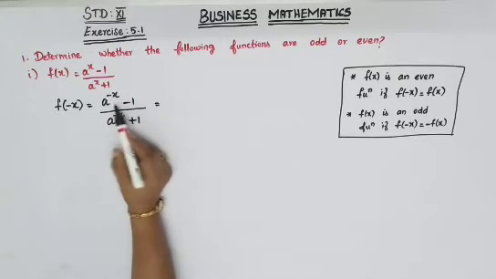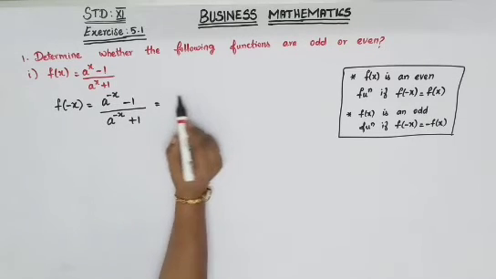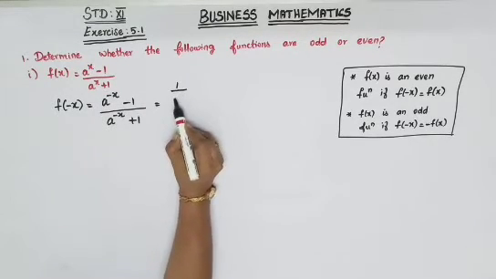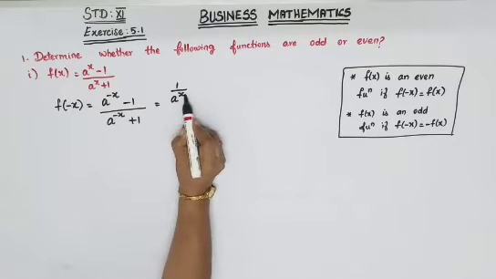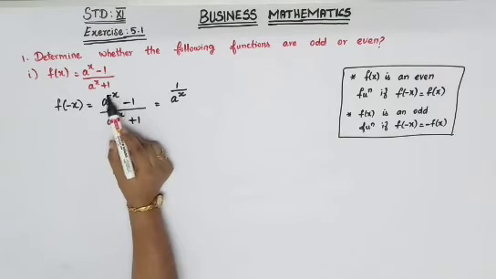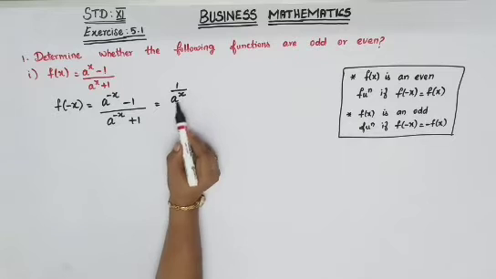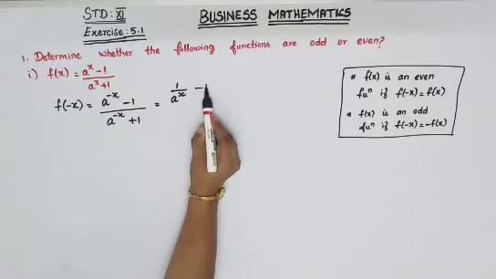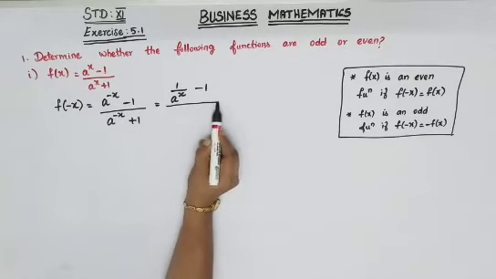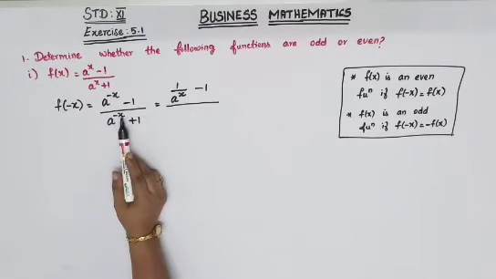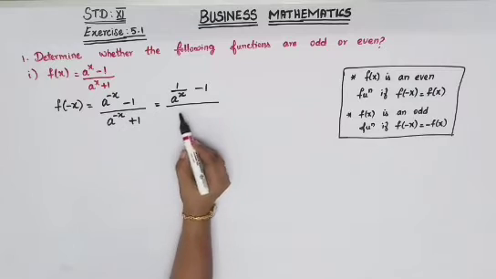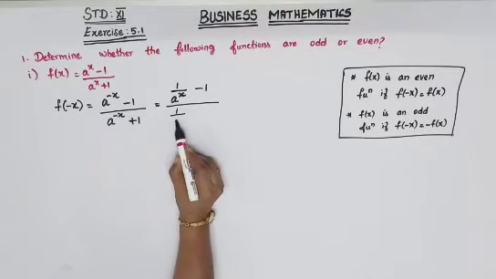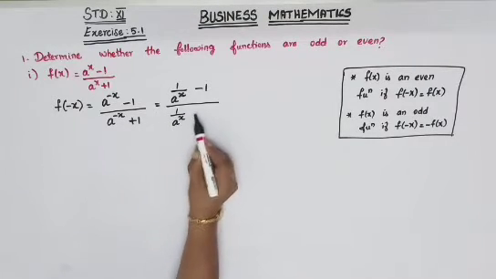Taking the minus x to the denominator, it will become plus x. So 1 divided by a^x, minus 1, whole thing divided by 1 divided by a^x, plus 1.